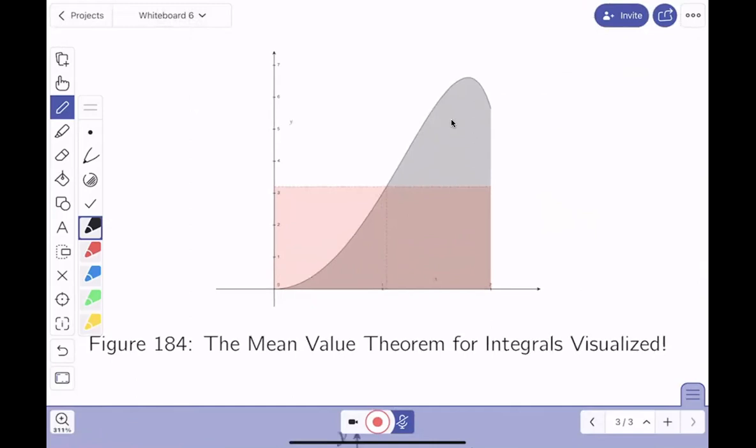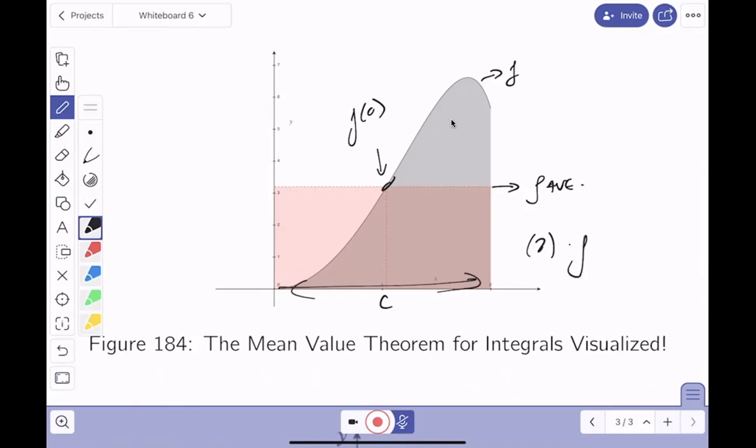I'm drawing f average, finding the c, which can be tough sometimes, and realizing this would be f of c. The area of this would be 2 units times f of c, and that would be identical to the area under f. What are we visualizing? The mean value theorem for integrals.